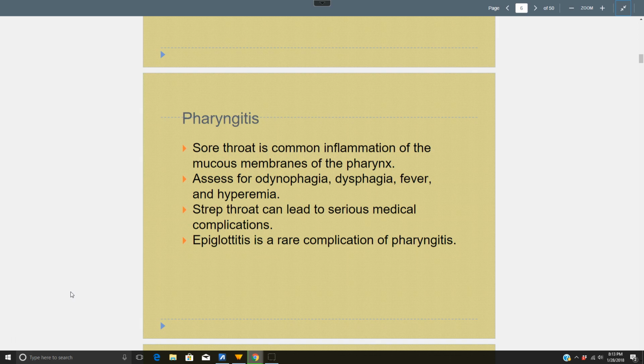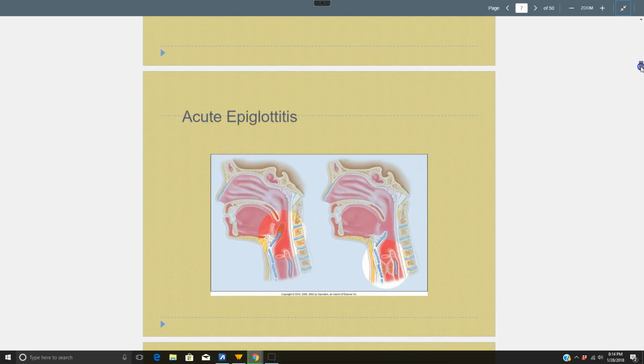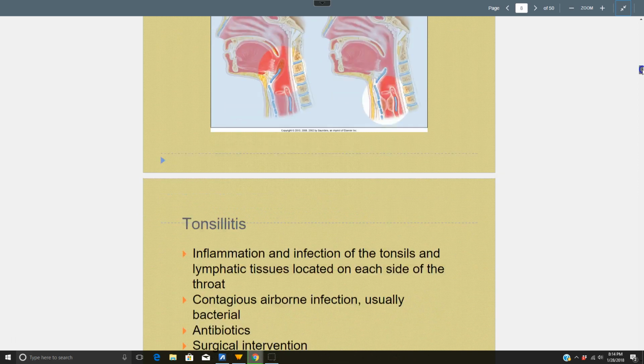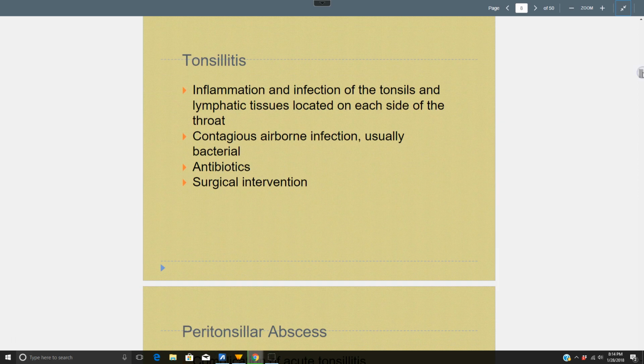Epiglottitis is also a complication that you may see with pharyngitis, and again, we're preventing these serious complications along with possible airway obstruction. And as you can see, many times you might see how serious this infection can get and how the airway can be extremely compromised.